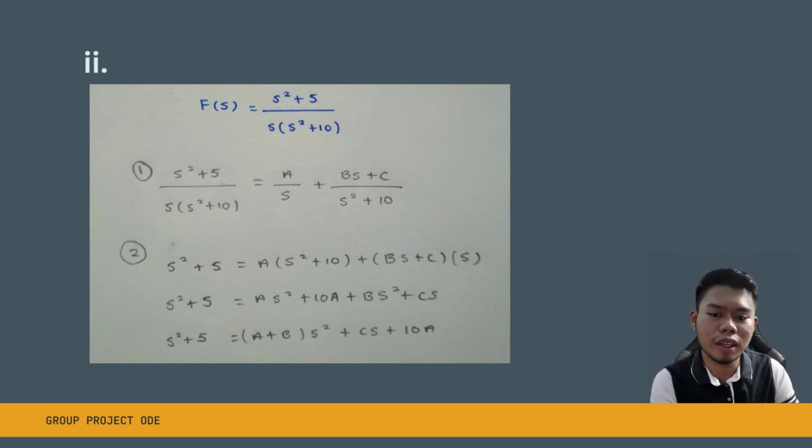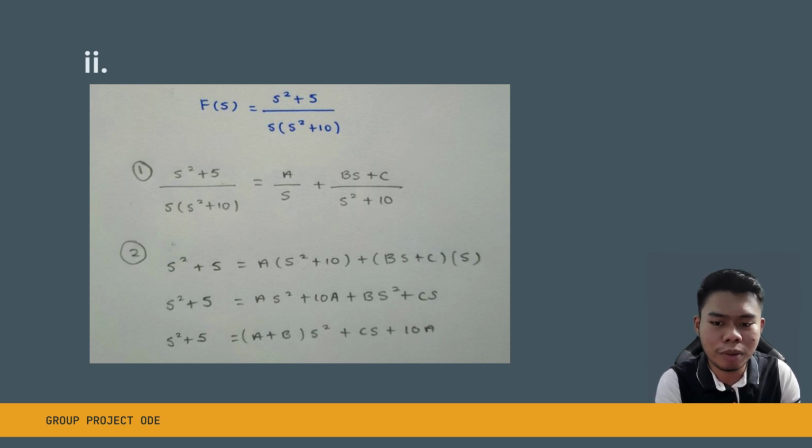So the question asks us to find the inverse Laplace transform, where F(s) has been given. First step, we use partial fractions, which is A over s plus (Bs plus C) over s squared plus 10. Second step, we multiply by the denominator of F(s), simplify it and arrange it into the general equation.